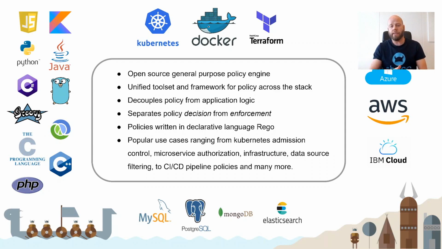There are also CI/CD pipeline policies: who gets to deploy what and under what conditions, and many, many more. Configuration policies, any type of policies in any type of system. That's where OPA shines, and it is a general purpose policy engine. So it doesn't favor any of these technologies. It's meant to work in any field or space.